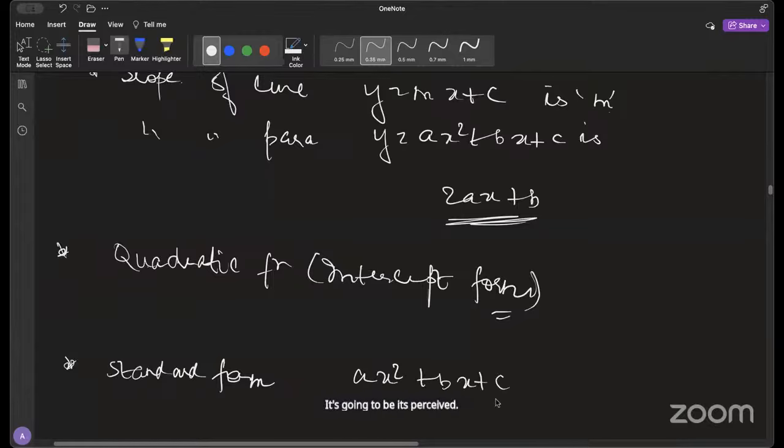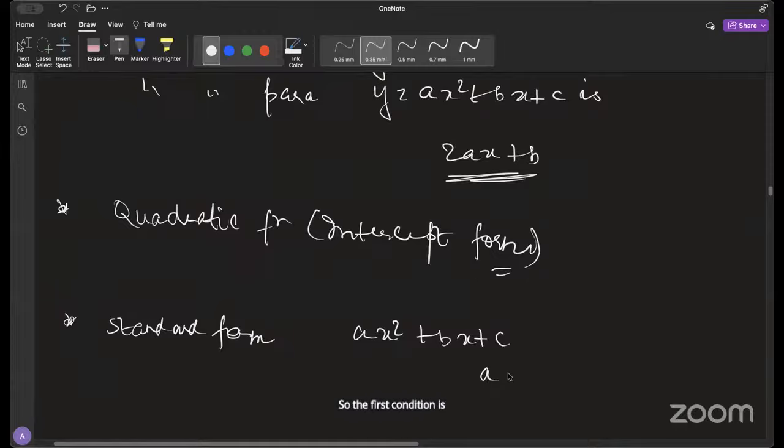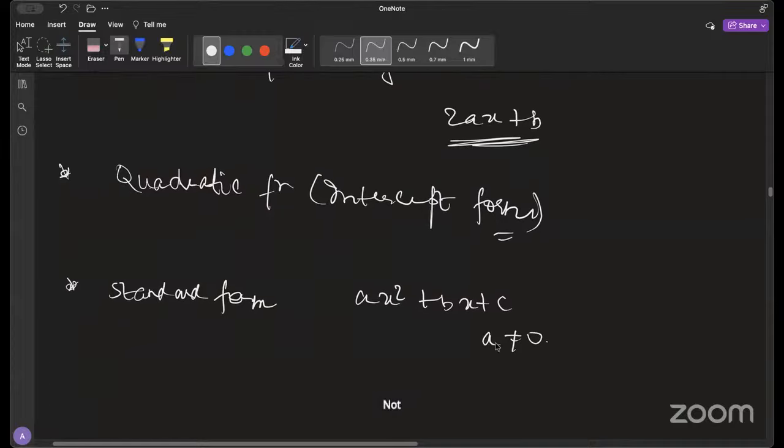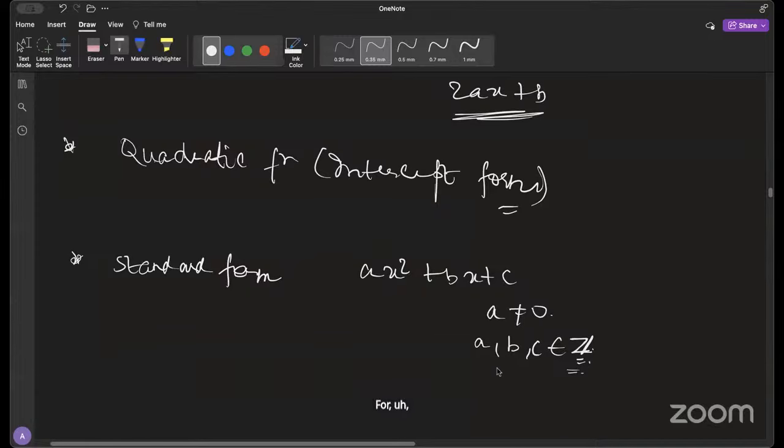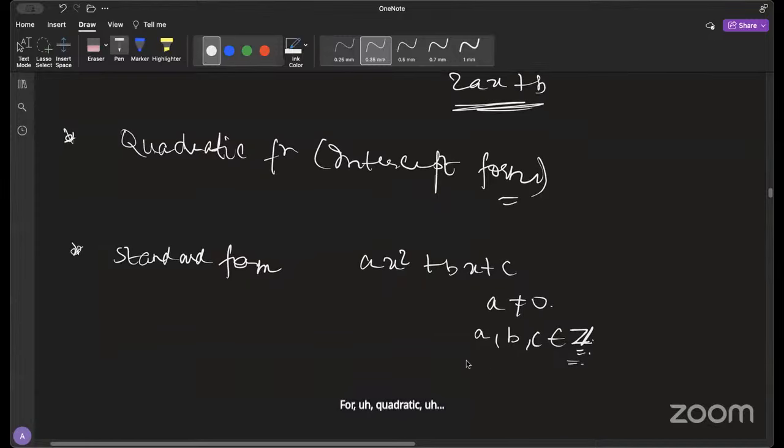The first condition is a is not equal to 0. The second is that a, b, c should be integers. That's your standard form for quadratic functions or quadratic equations, I'd say.